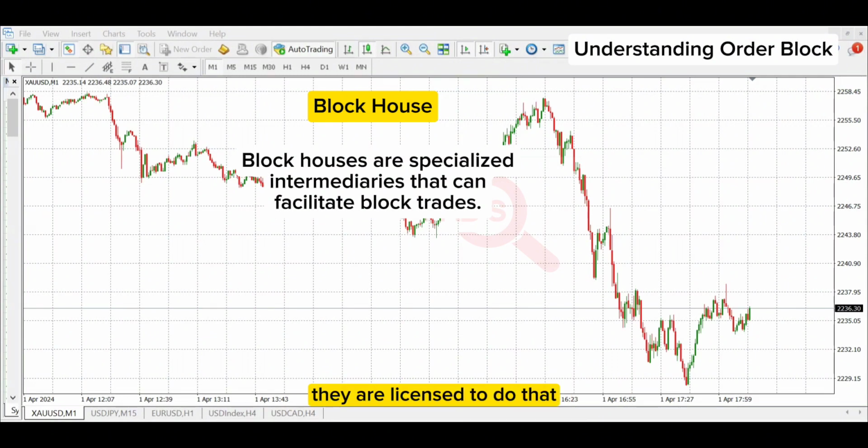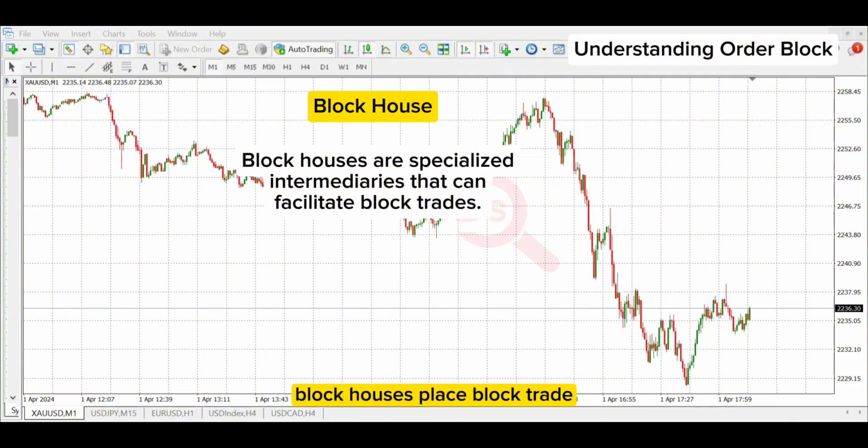They are licensed to do that. They are trained to do that. The hedge fund now locates a block house. So this block house will now split these orders into very small chunks so that when it is being sold, the price of that stock will not be affected drastically, right?